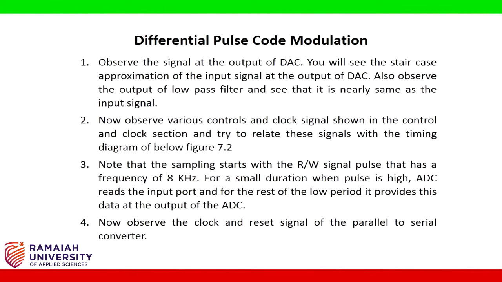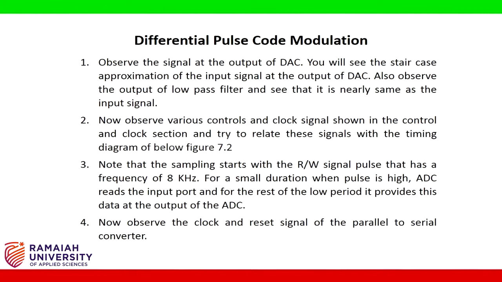Note that the sampling starts with the R bar W signal pulse that has a frequency of 8 kHz for a small duration when the pulse is high. The ADC reads the input port and for the rest of the low period it provides this data at the output of the ADC.